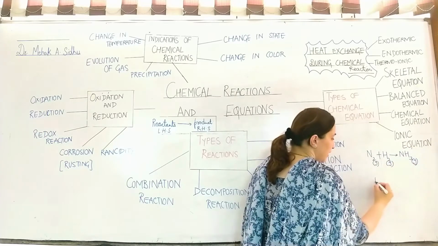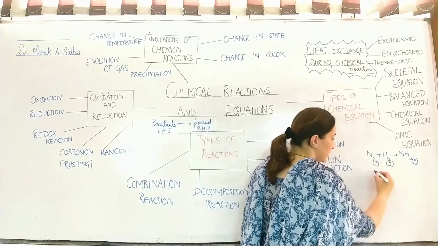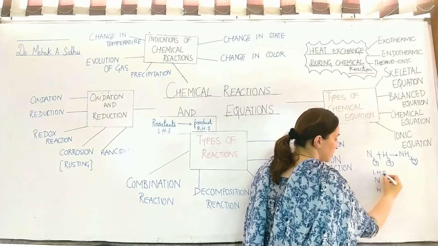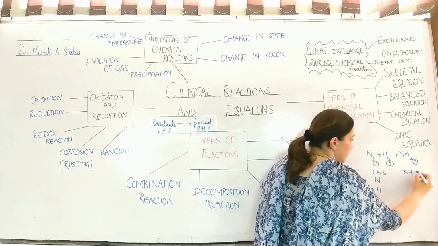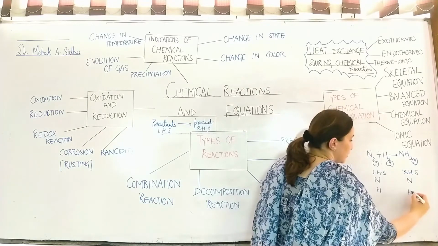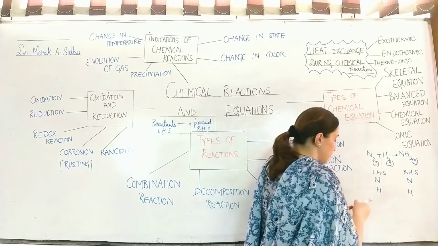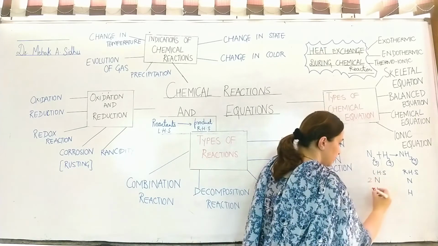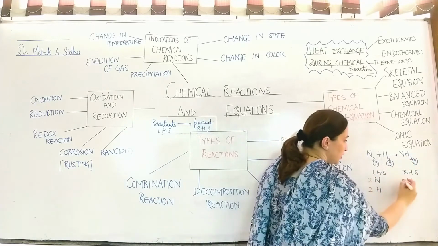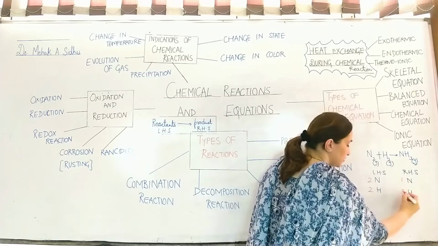On the left, we have nitrogen and hydrogen. This is how we write down the skeletal equation. And on the right hand side, again we have only nitrogen and hydrogen. You can see on the left hand side nitrogen is 2 in number, hydrogen is 2 in number; on the right, nitrogen is 1 in number, hydrogen is 3 in number.